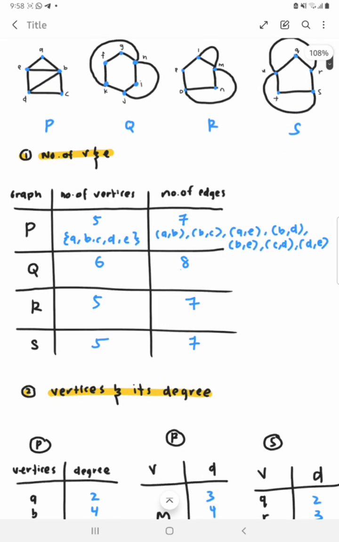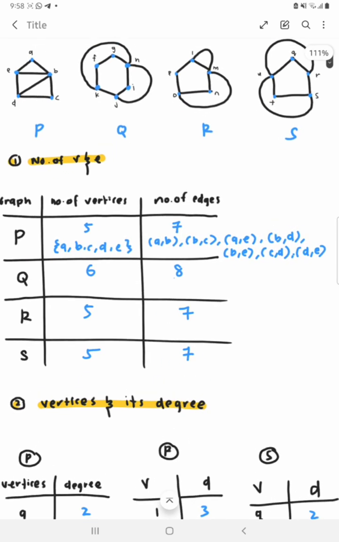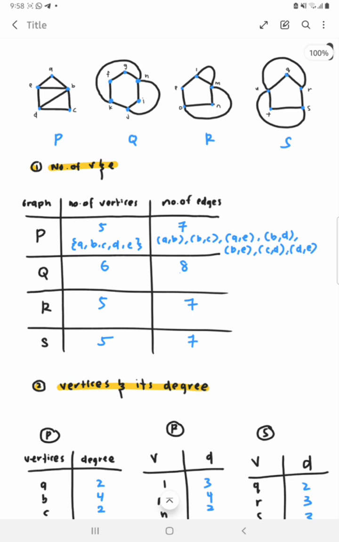So the first step is you have to find the number of vertices and edges for each graph, P, Q, R, and S. You just need to make this table, number of vertices and number of edges.